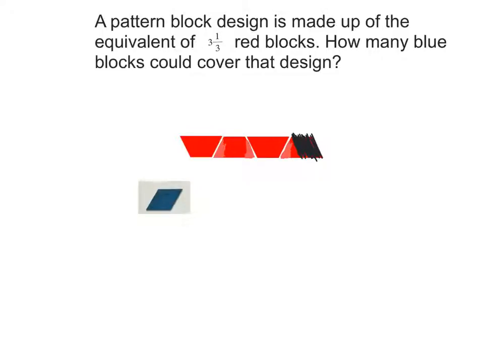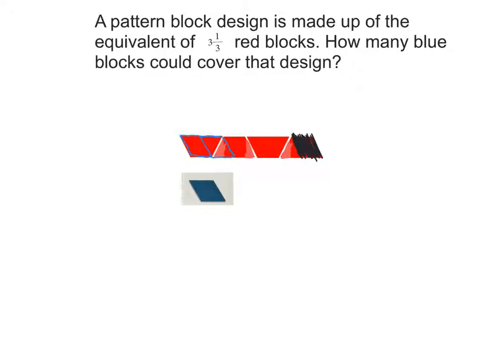So first of all, let's flip this picture over so that we're looking at it the right way. Now we're going to take this blue block and fill in the same amount of space as the red blocks. So I'm just going to do a drawing. I would divide it, that'd be 1 blue block there. My next blue block would actually be 1/3 of this one and 2/3 of this one.